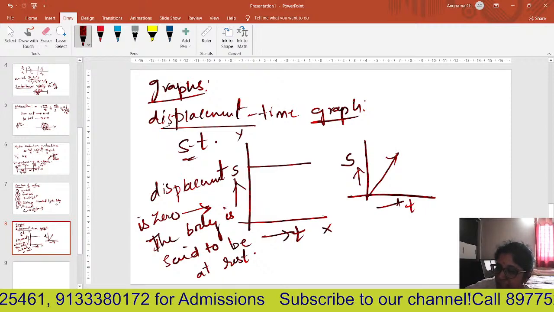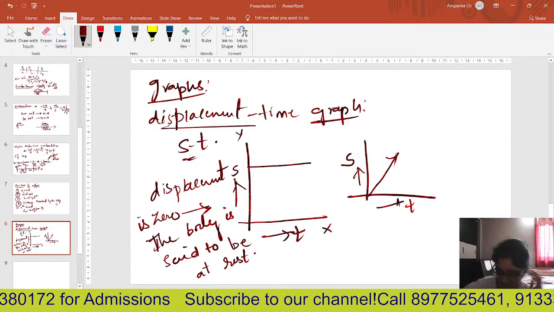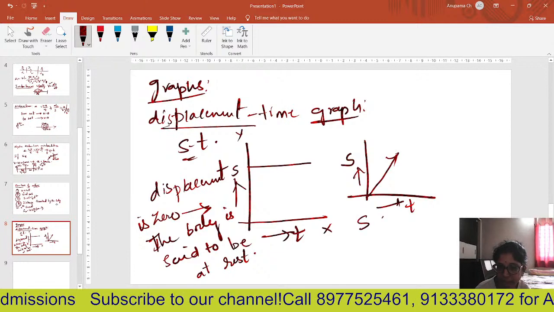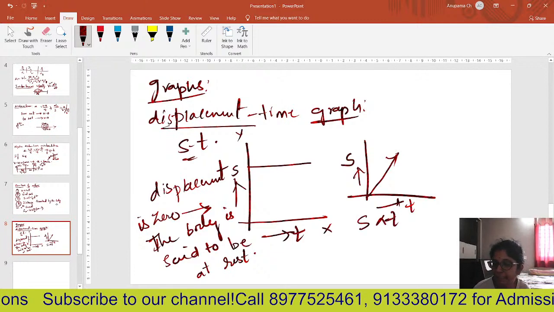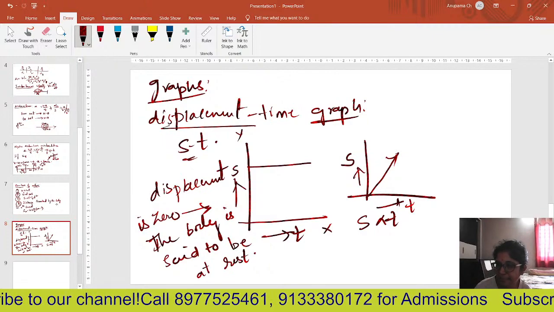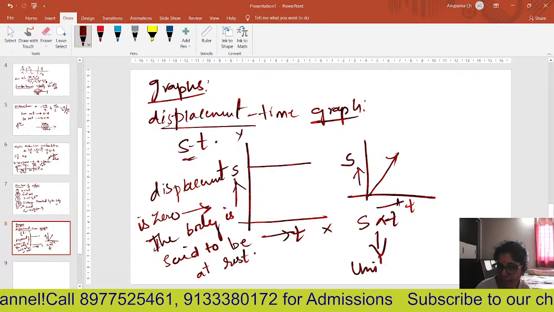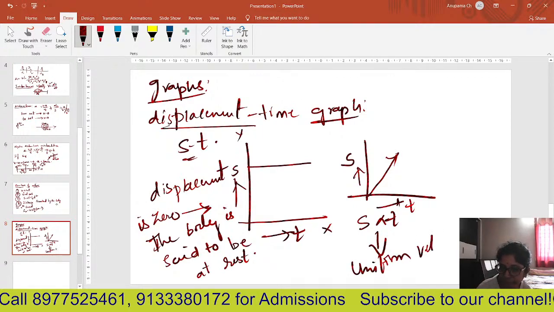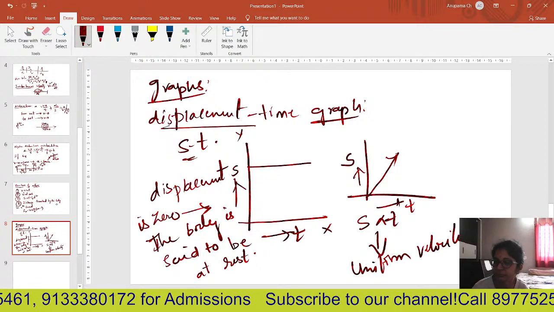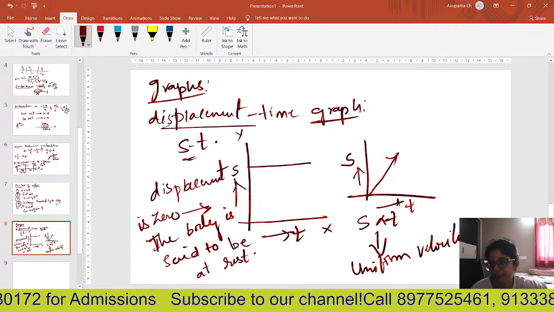Shall I tell? This means that S is directly proportional to T. That means T is increasing, S is also increasing. T decreases, S decreases equally. That means this is of uniform velocity. The body is moving, and it is of uniform velocity.